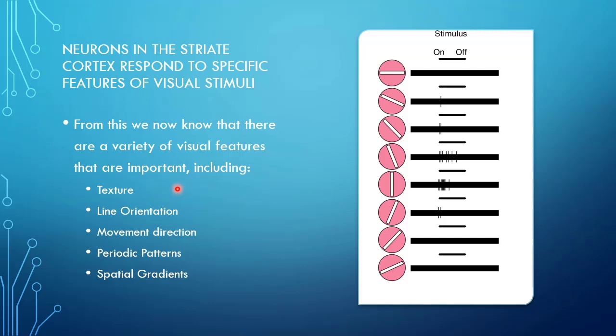They respond to texture, line orientation, and the direction of movement, and they can also respond to things like patterns and spatial gradients, which we actually know a whole lot more about now. And again, we're going to talk about how Hubel and Wiesel were right, but not quite right, next class.